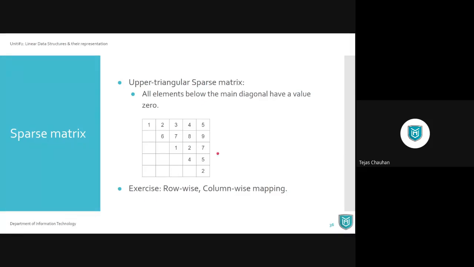So first you need to define what a sparse matrix is. A matrix which has a larger number of elements as 0, right? That's a sparse matrix. Now what is the problem with a sparse matrix? If we store the sparse matrix entirely, then we are going to store 0 values, and that is a waste of memory.